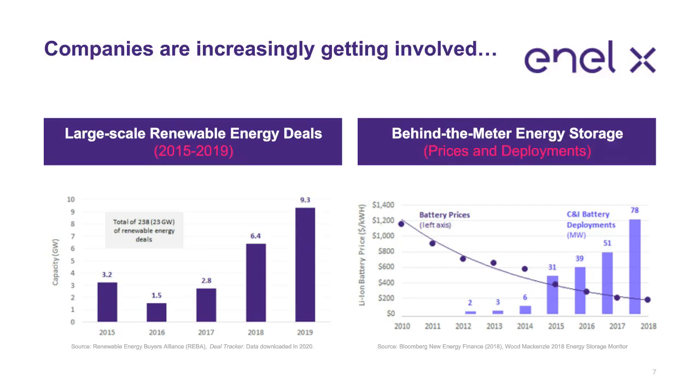You'll notice here on the left-hand side, we're talking about large-scale front-of-the-meter projects, whereas the chart on the right are relatively smaller behind-the-meter projects, and that's something more we'll discuss later on. But both front-of-the-meter and behind-the-meter are important components of how we think about grid services.